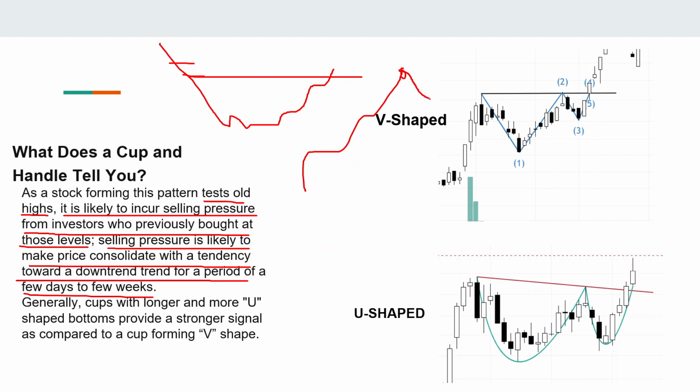But once the selling pressure gets a little less, and there is not much supply left, and there are buyers of that stock, then it will start forming a kind of bottom, and then it will again try to come up.